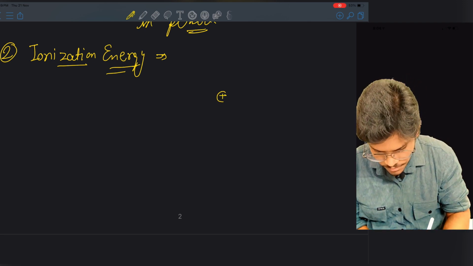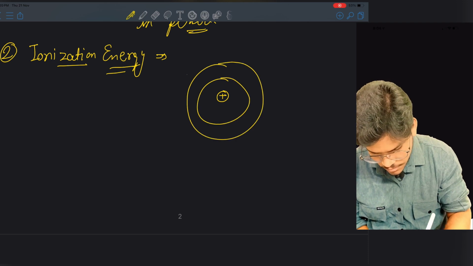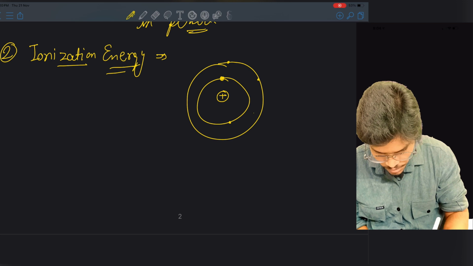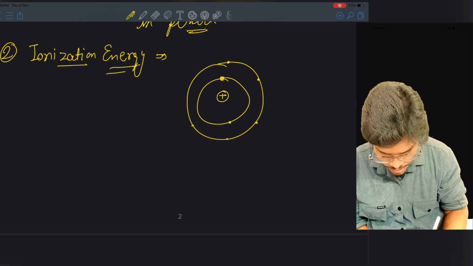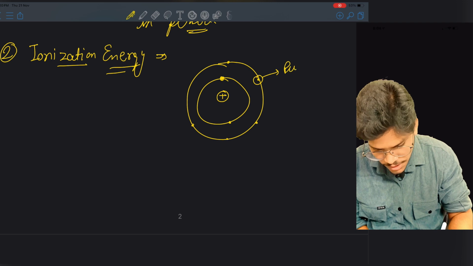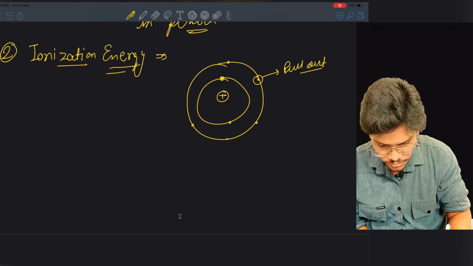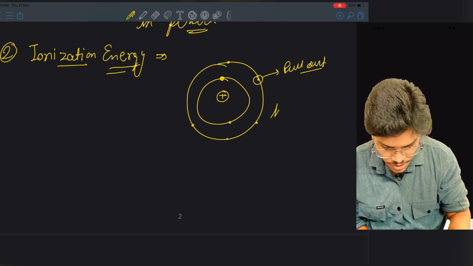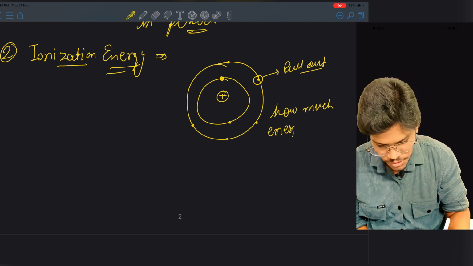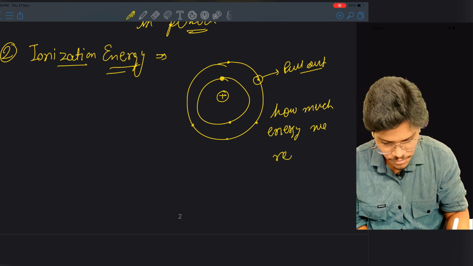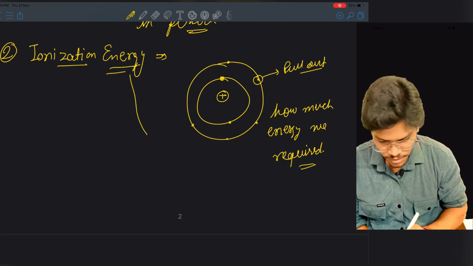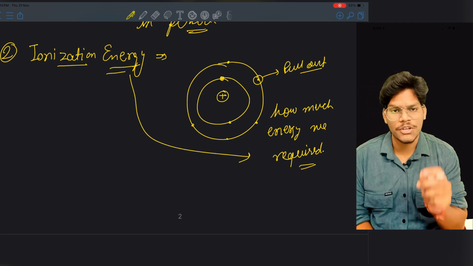Like this is a nucleus, this is a shell with 2 electrons, and the second shell has a maximum of 8 electrons. So when we pull out this electron, how much energy we require, this is called the ionization energy.